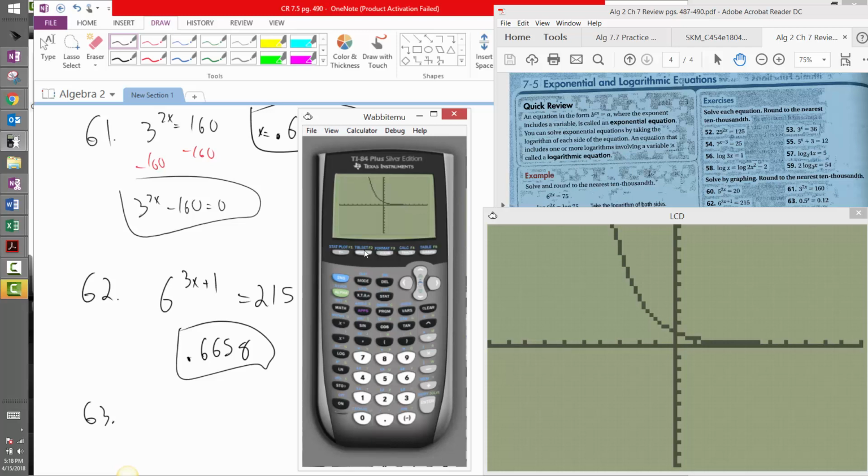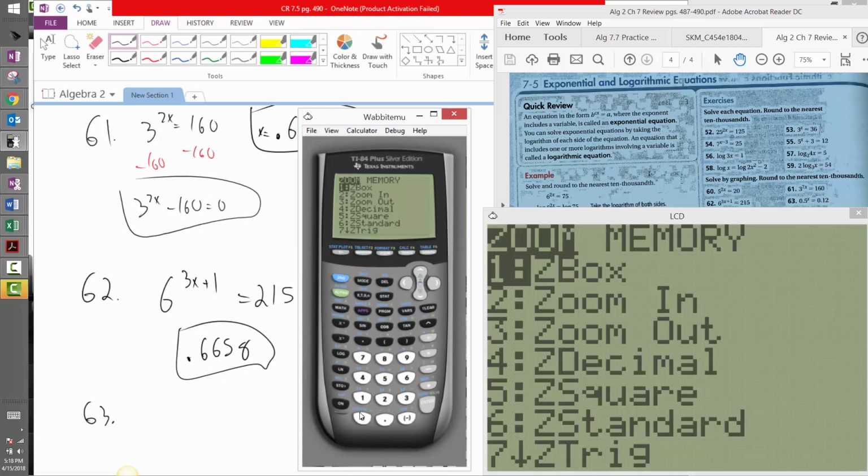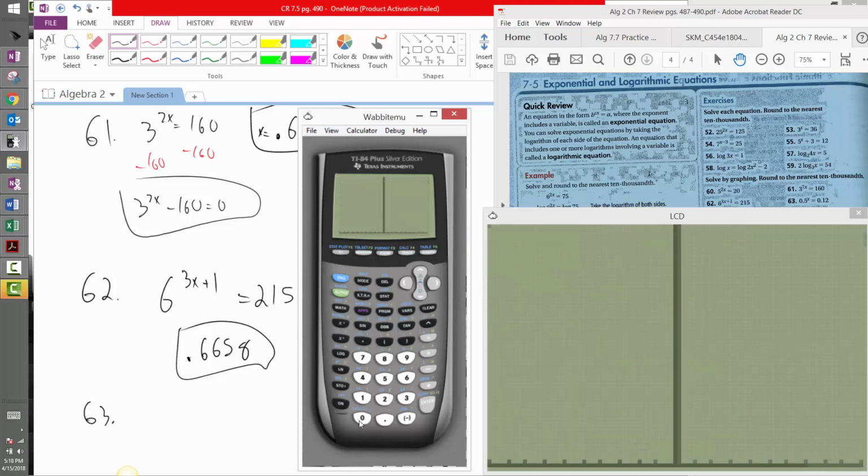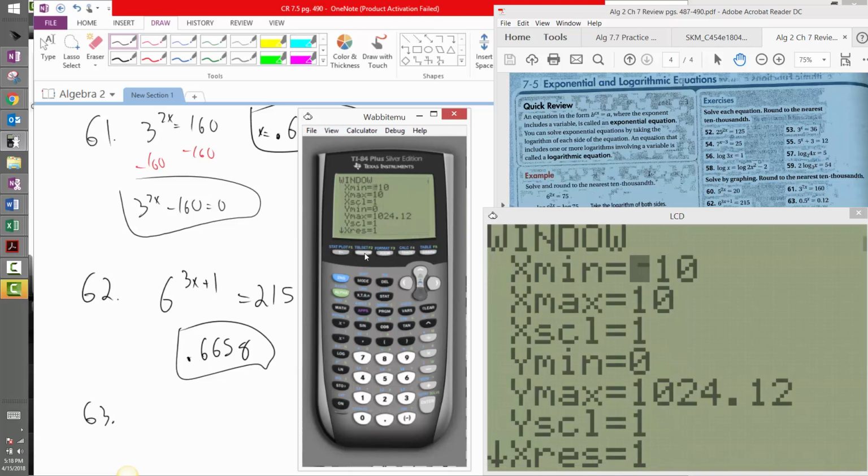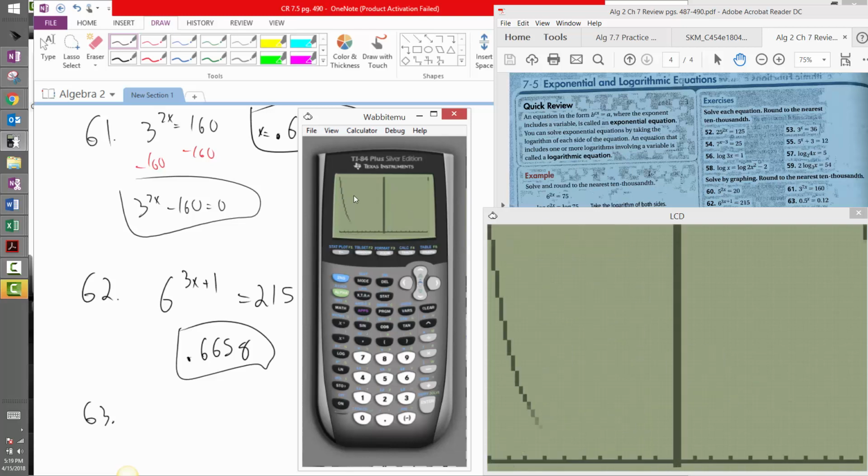So I can do zoom fit, zoom 0, so that we have to do the least amount of thinking. Let's just hit zoom 0, let it do our work for us. Now, see how this thing maybe goes a little further under the x-axis? I'm going to go to my window. I don't like how the y minimum is just at 0. I'm going to make the y minimum negative 10 just so that I can see the graph maybe go below this thing.